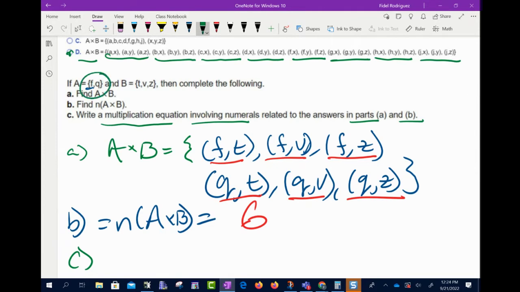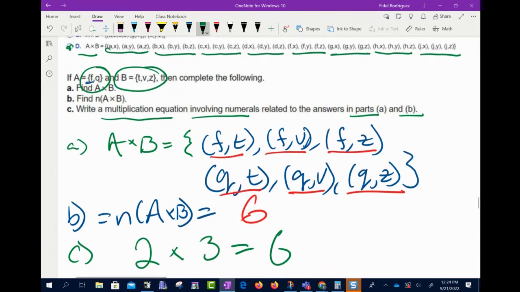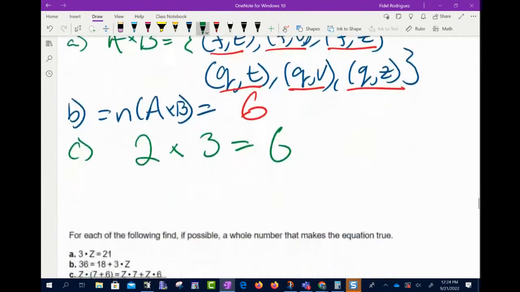How many elements are in the set A? 2, right? And how many elements are in the set B? 3, right? And isn't 2 times 3 going to give me 6? Because again, we're making all these possible combinations, right? So we got 2 choices in the first spot, and we got 3 choices in the second spot. Then we're going to have a total of 6 choices, okay? All right, excellent. Really good.